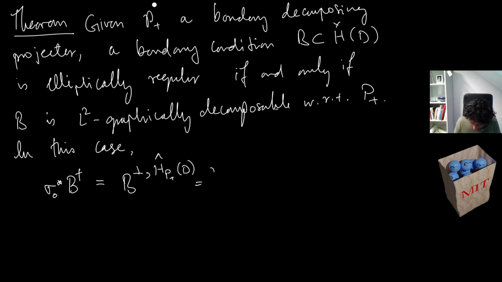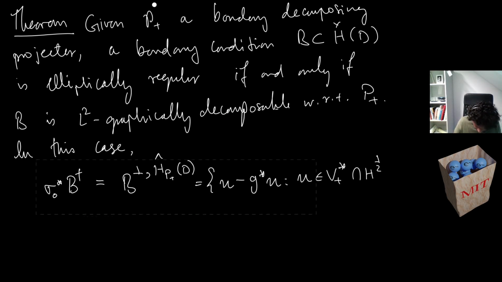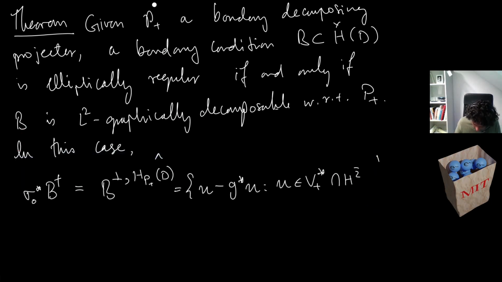So this is actually equal to U minus G star of U, such that U is in V plus star intersect H half partial N.